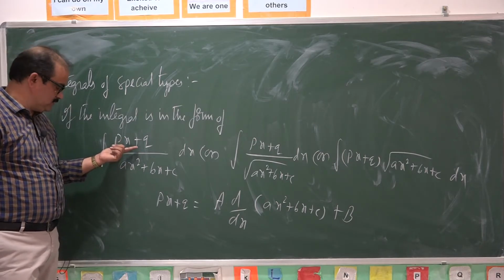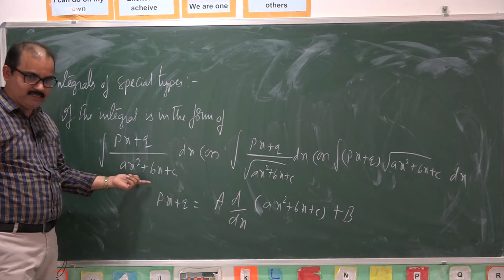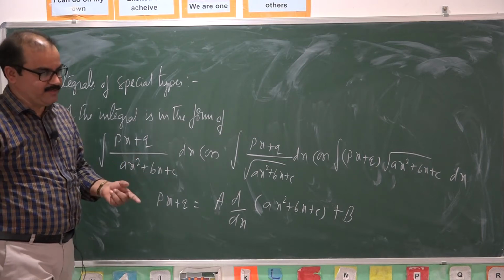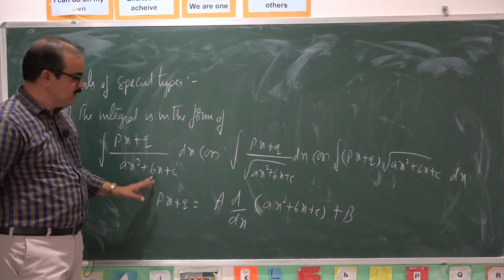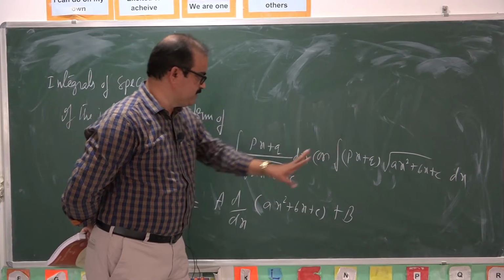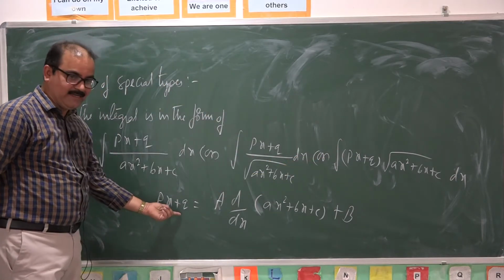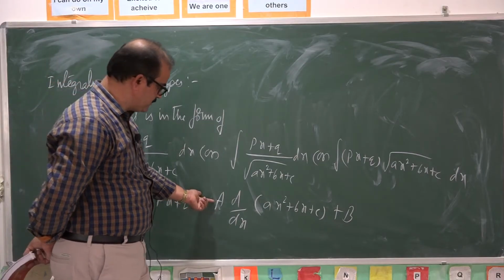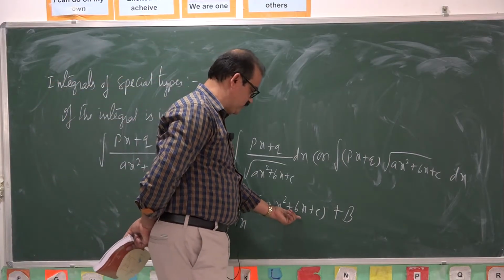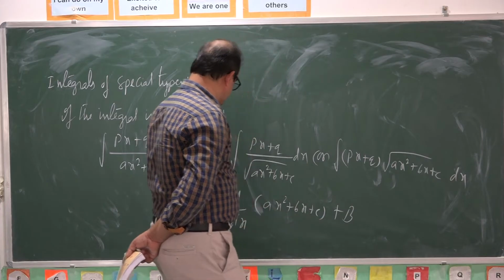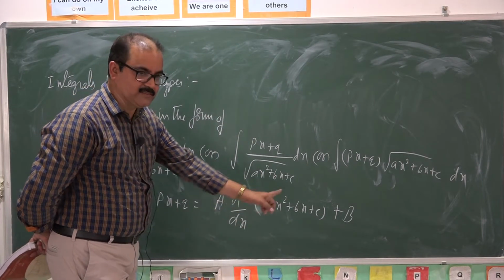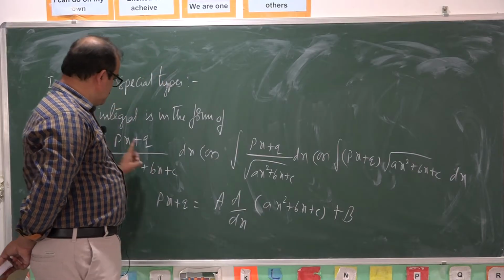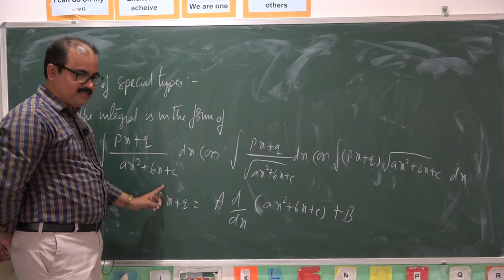Once you see it is a linear form and a quadratic form, and the given integral is any one of these three forms, you take the linear form equal to A into d by dx of the quadratic form plus B, and on comparing these two you get the values of A and B, and on separating you get the integral value.